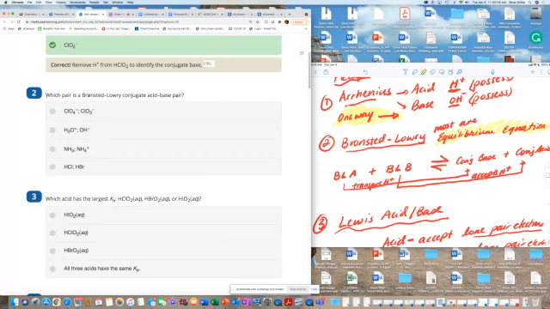So let me try to highlight these together. The Bronsted-Lowry acid and the conjugate base, when I say the Bronsted-Lowry acid dash the conjugate base, this is the, how do they say, conjugate acid-base pair.